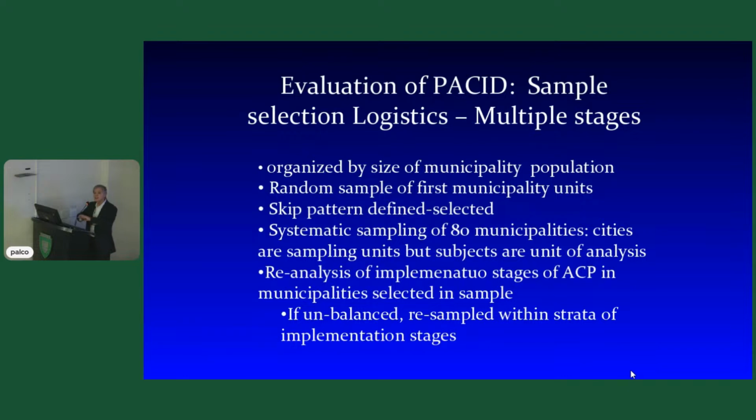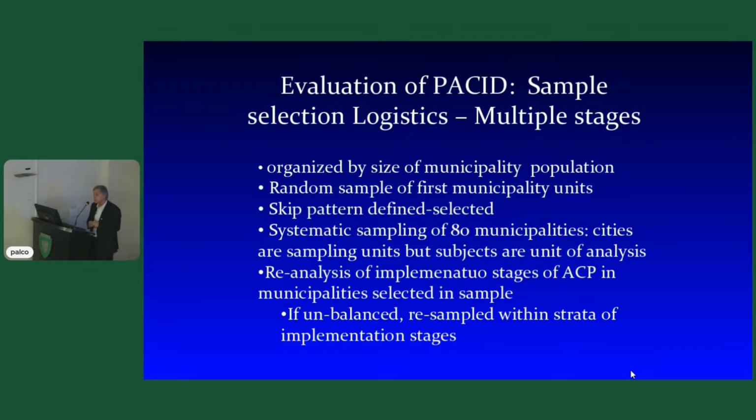It is the only city where the program is being expanded to. The city of Recife had the program for 20-some years in a modified version. And after the government at that time decided to incorporate PACID into the city of Recife municipality, it became a public health program, and now the state was implementing it.